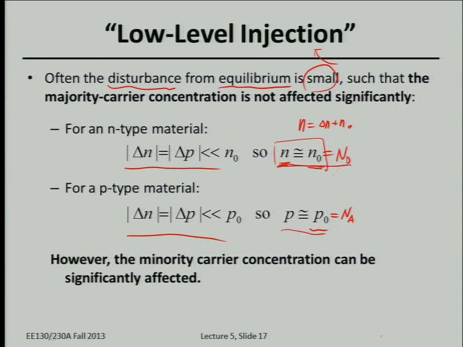This assumption is made mainly about my net carrier concentration for a certain type of doped semiconductor, which should be equal to the doping concentration or the equilibrium state majority carrier concentration. In other words, majority carriers won't get affected by those disturbances, the generation and recombination. They always hold their value as constant as the equilibrium case. However, I should point out that the minority carrier concentration could change by orders of magnitude, as I'm going to derive.